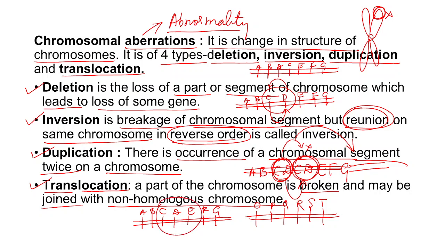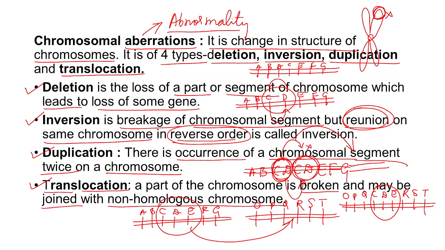It will get broken and joined to the other non-homologous chromosome, ultimately leading to the formation of a new one, that is O, P, then Q, after that C, D, E, then R, S, T. So here it will be translocated, a complete change in position or location.